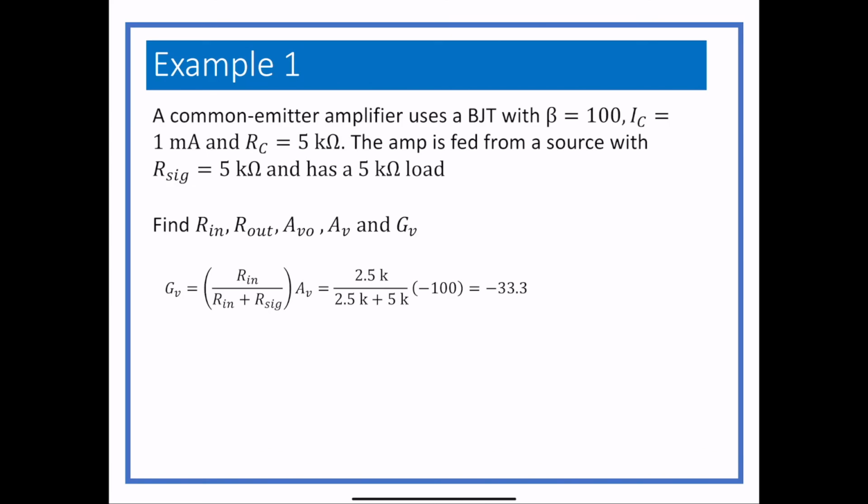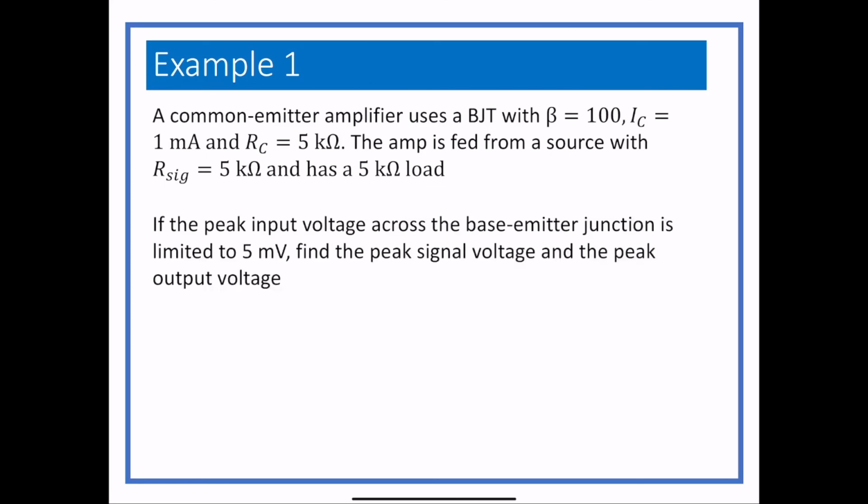If we were to actually put a signal in, we would probably, let's see, limit the peak input voltage to 5 millivolts at the base emitter junction. It might be more coming in, but it's going to get divided down until we get there. We want to have the peak signal voltage and the peak output voltage.